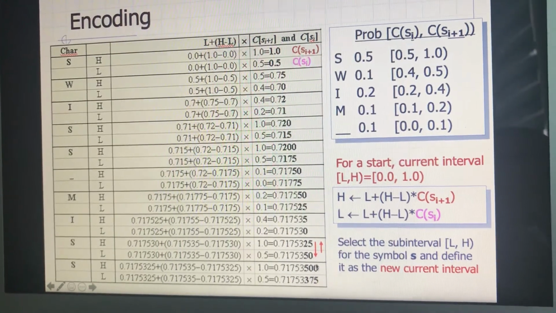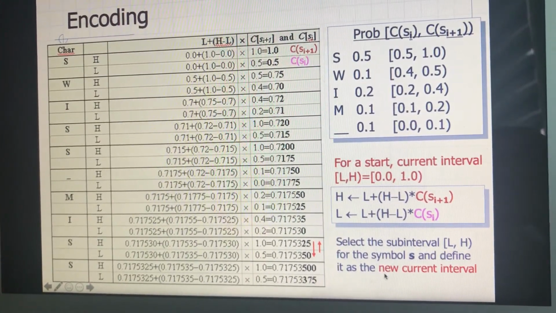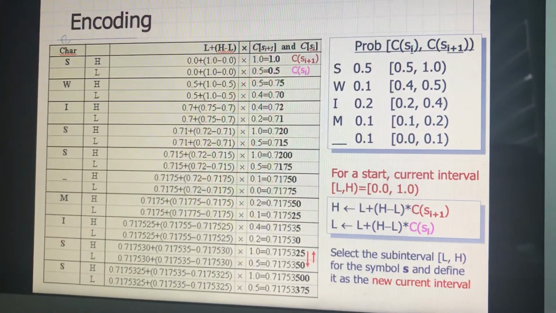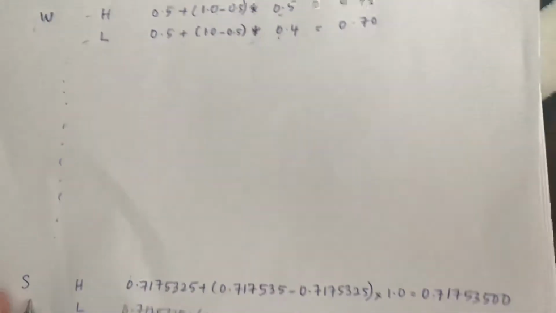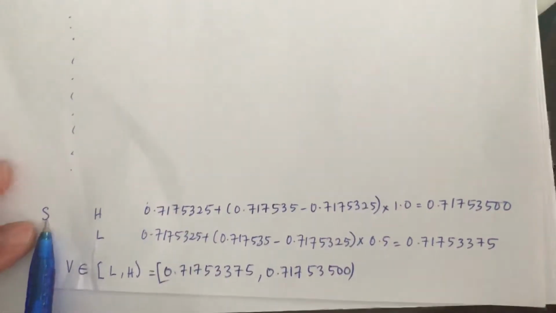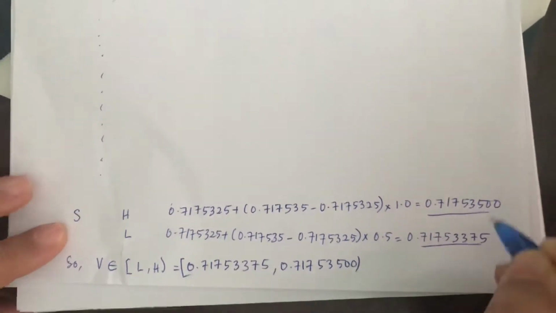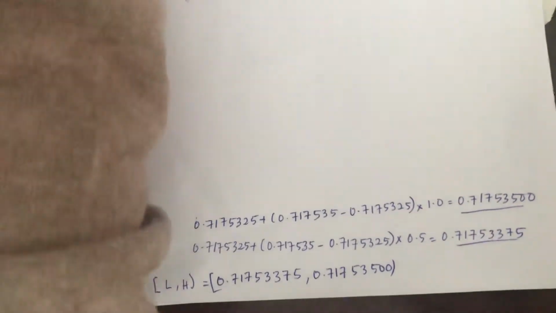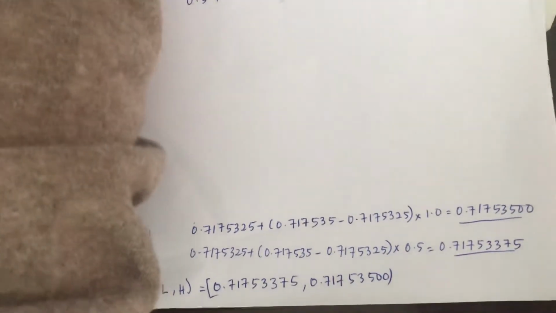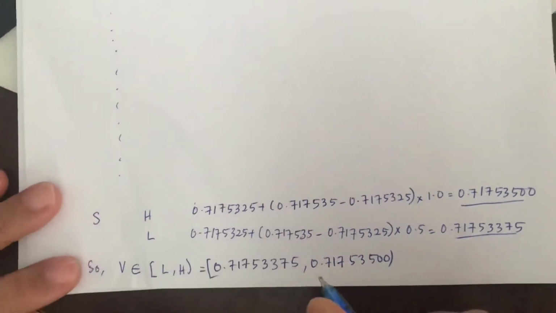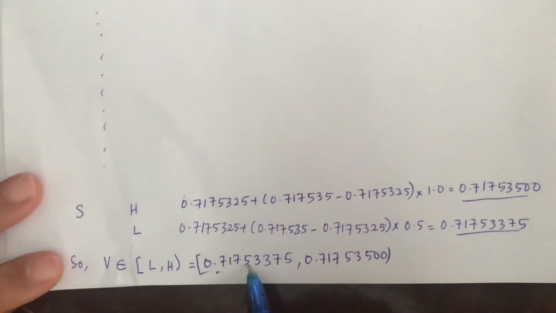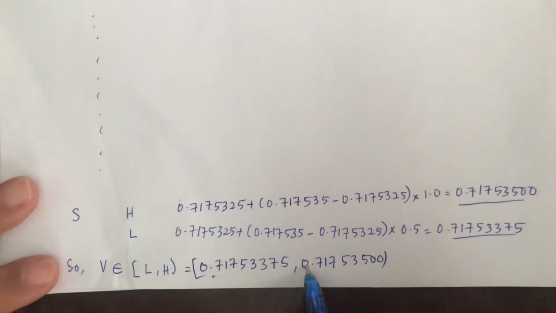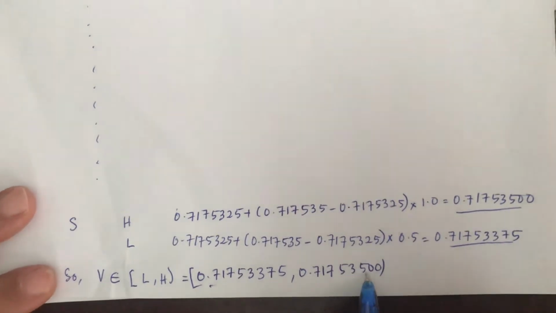Let's say you have already encoded the last one, which is S. So this is the new H and L. It means that you can take any number from 0.7175335 to 0.7175350.